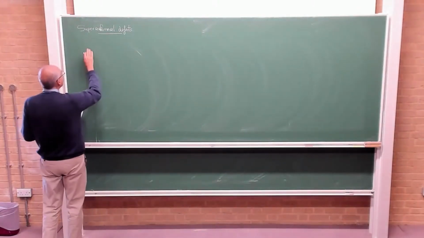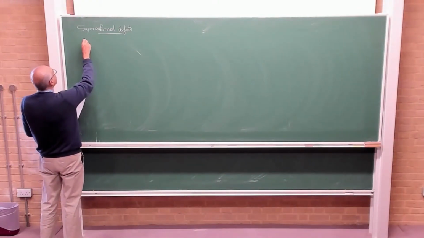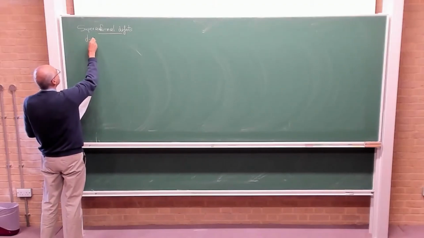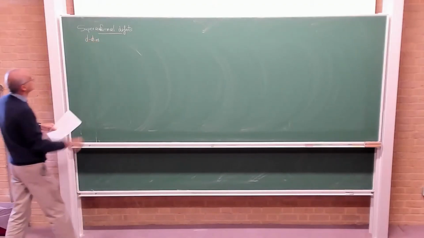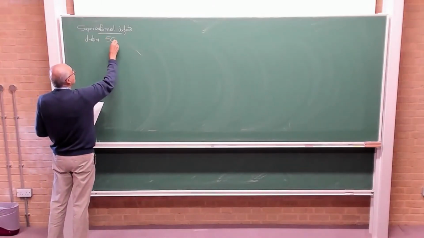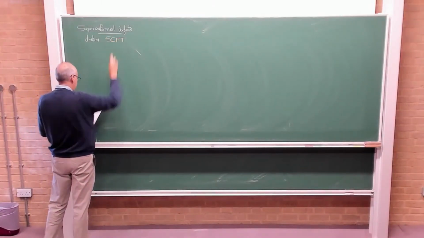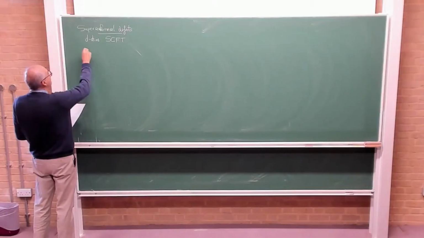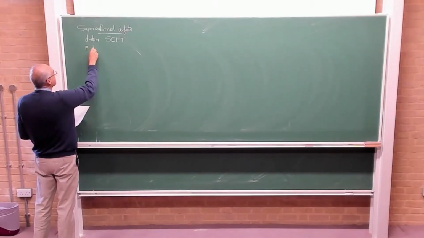Now, let's set the notation. So I will have some d-dimensional, can you see? Yeah, some d-dimensional superconformal field theory and a p-dimensional defect.